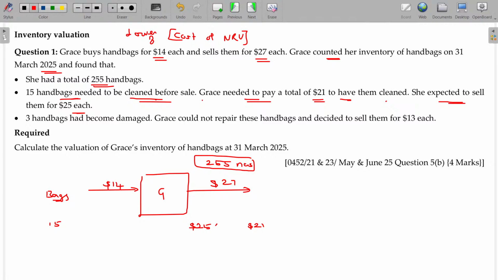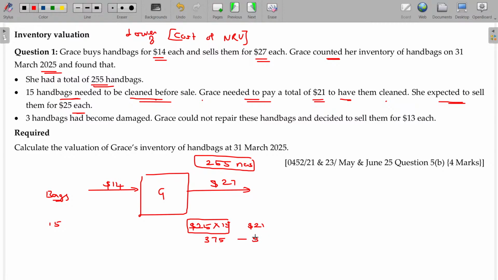Okay. So 25 into 15 bags. What is the value you get? 375. But you have to incur $21 for cleaning up.